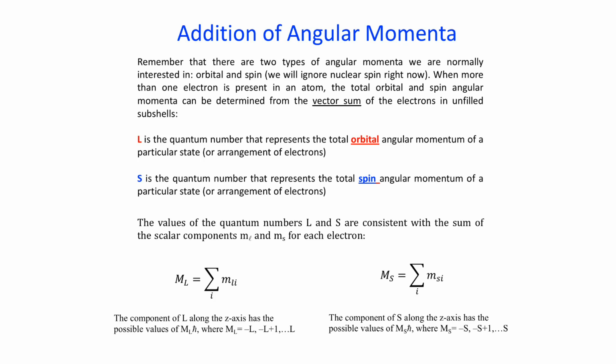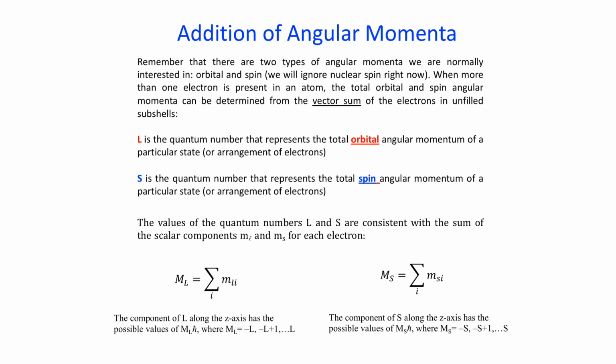Okay, so L, capital L. Again, notation is very important here. You really need to be careful about distinguishing between your different quantum numbers. Big L is very different from little l. So be very deliberate with the notation that you're using.